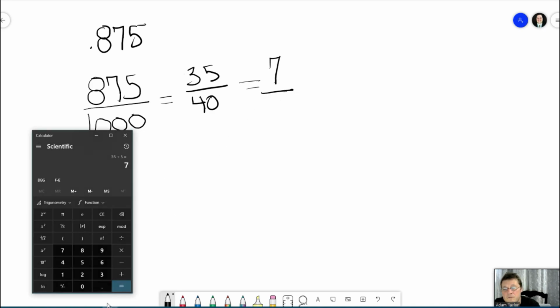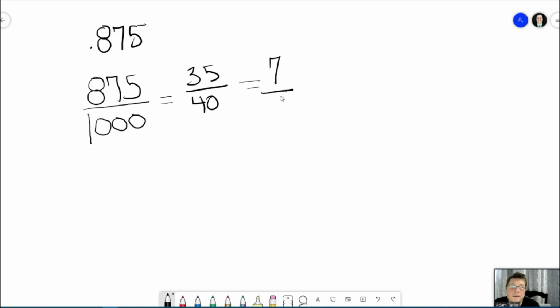And then we take 40, and we divide it by 5, and we get 8. So therefore, 0.875 equals 7/8. Okay, so that's how we convert a decimal fraction back into a fraction.